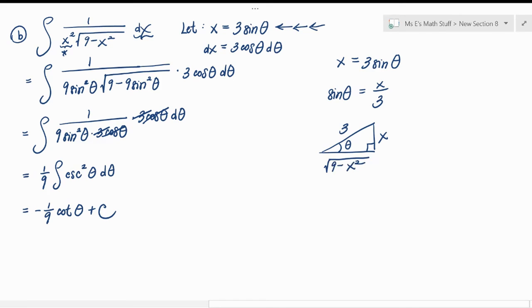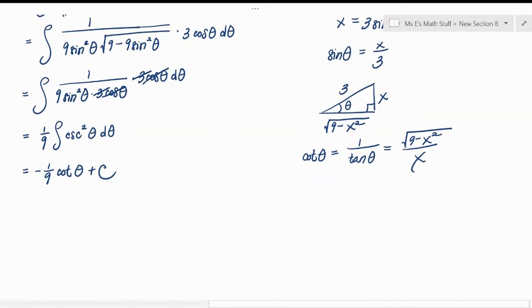Now once you're there, you could figure out, if this is the relationship between x and theta, then what would the cotangent of theta be? Keep in mind that's just 1 over tangent, and tangent is opposite over adjacent, so cotangent would have to be adjacent over opposite. Hopefully that makes sense.